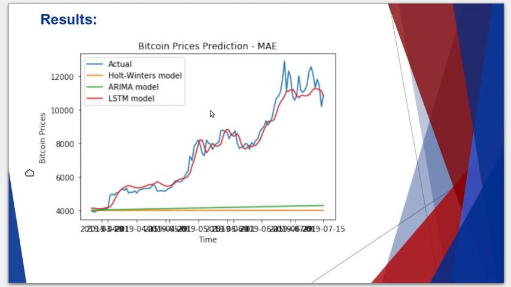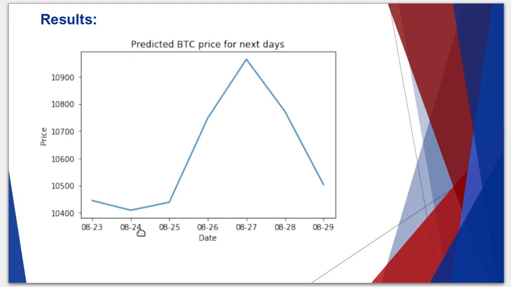So here is the graph of the results. The blue line is the actual price from the testing set. The red line is the forecast of the LSTM model, the green line is the ARIMA model, and the orange line is the Holt-Winters exponential smoothing model.